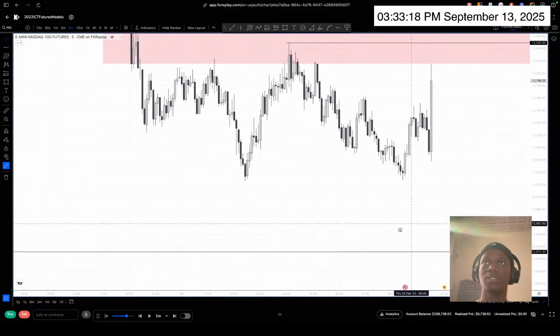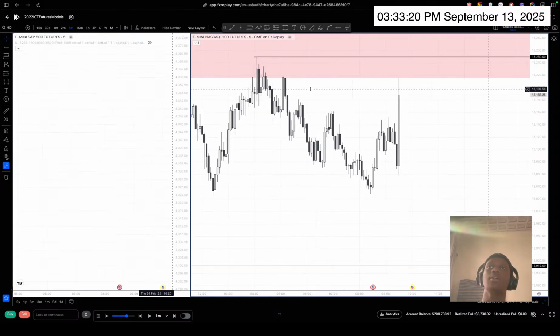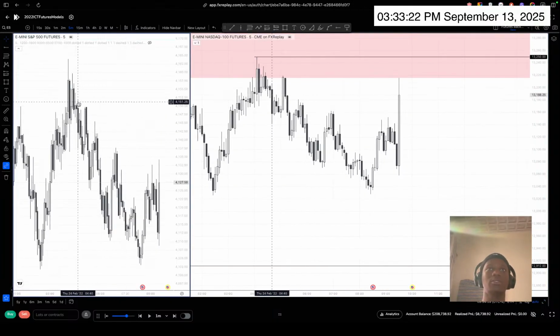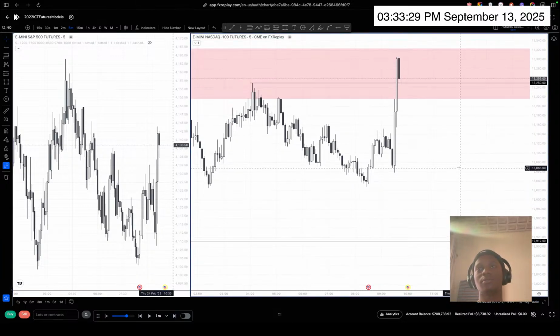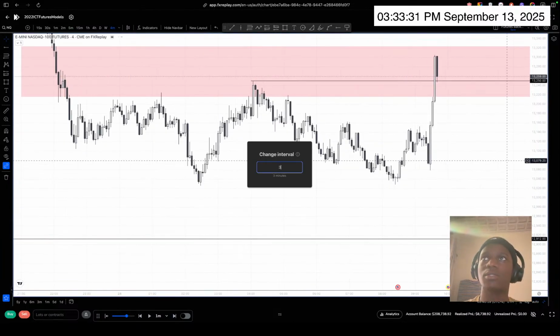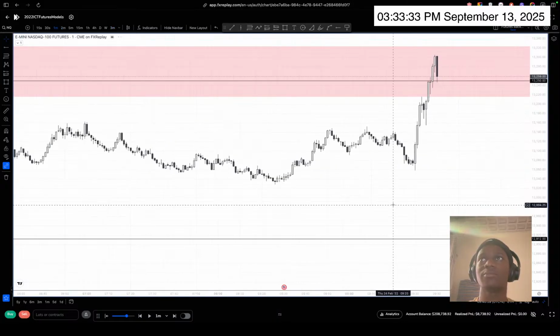So market pushes higher, taking out buy side. Now it's possible that ES has already taken out this one, but not yet, which means we still can take it out. So we end up taking out the level. Now let's wait on the lower time frames and see.